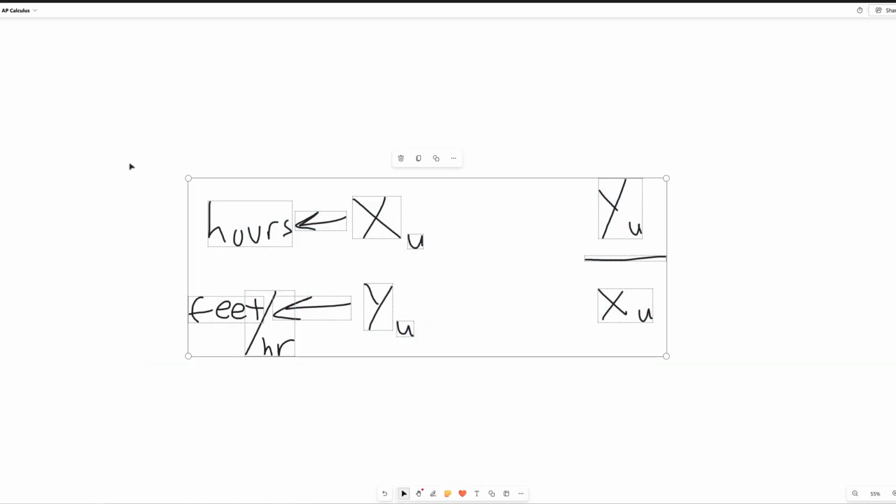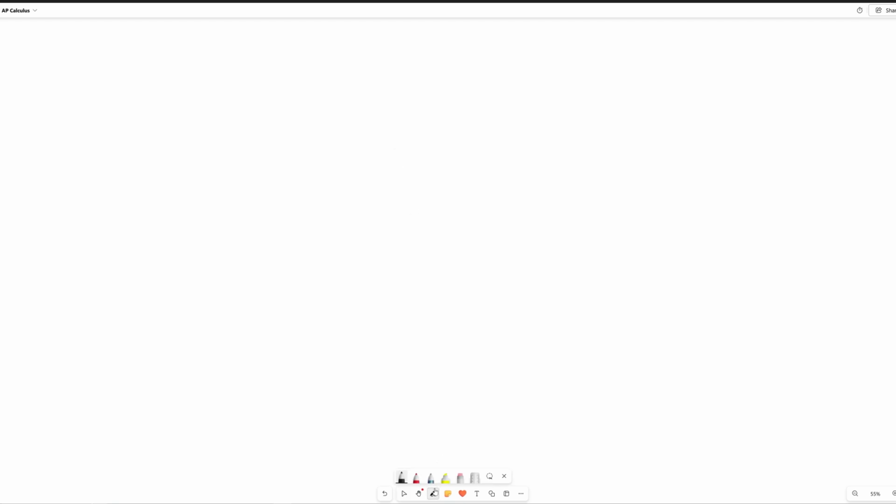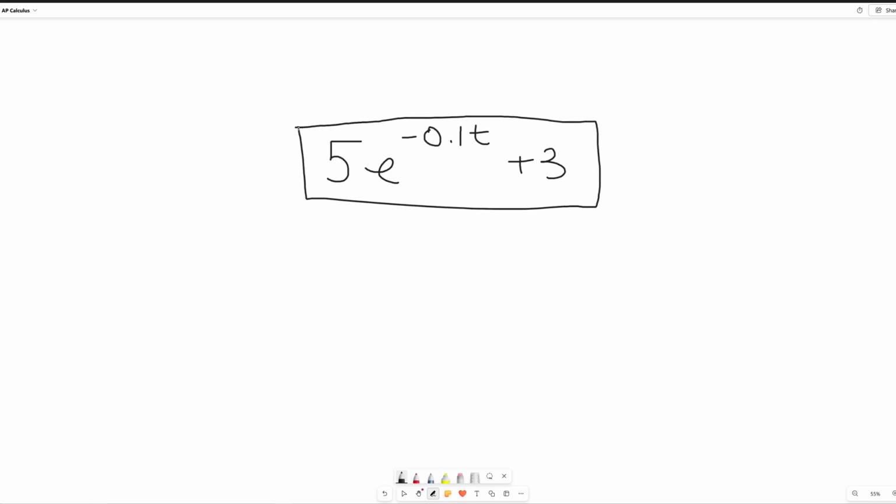Now, speaking of feet or distance, we can look at a distance function. So let's say you have Jessica, who's running at a rate of 5e to the negative 0.1 t plus 3. So this is her position, I'm going to say.